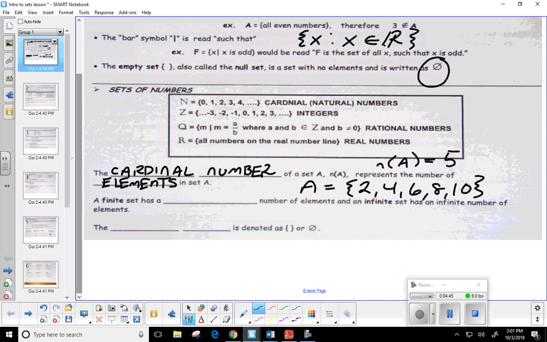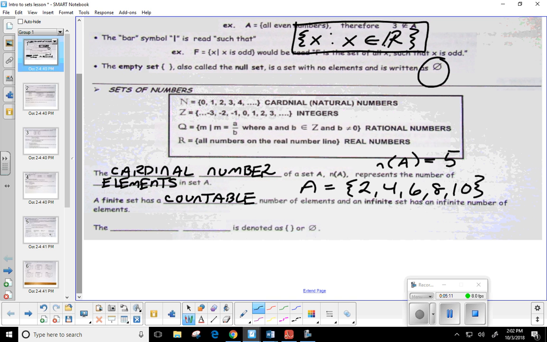Now, a finite set has a countable number of elements. Like this one right here would definitely be finite because I can definitely count to 5. But an infinite set has an infinite number of elements. Like if I were to go back up here, this set I talked about at the very beginning, all values of x such that x belongs to the reals, well, there are an infinite number of reals.